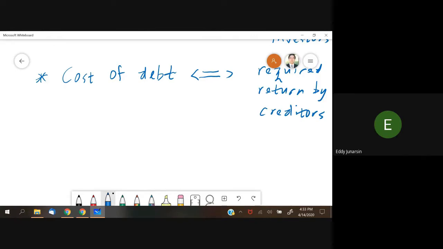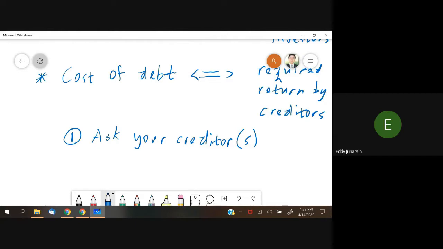There are easy ones, there are harder ones, but what's the easiest? Yeah, also the laziest, but the easiest one. How is it? Just ask, right? Ask your creditors. Creditor could be one, could be more than one, right? Ask your creditors. So you simply submit your proposal to a bank, right?